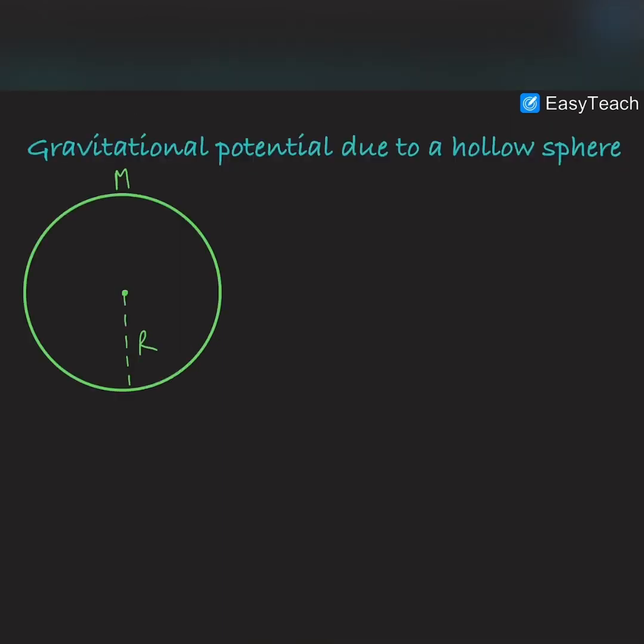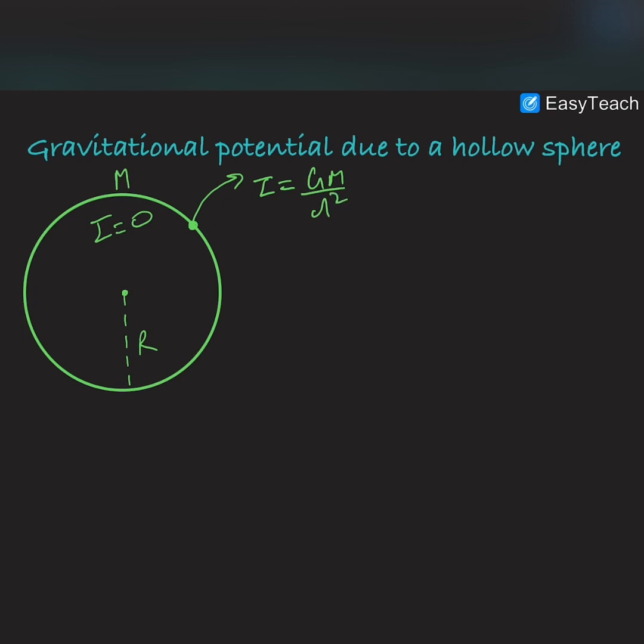Now let us analyze the gravitational potential due to a hollow sphere by this formula. So we know that inside a hollow sphere the gravitational field intensity is 0, and on the surface of the hollow sphere, like at this point, the gravitational field intensity is GM by R square.